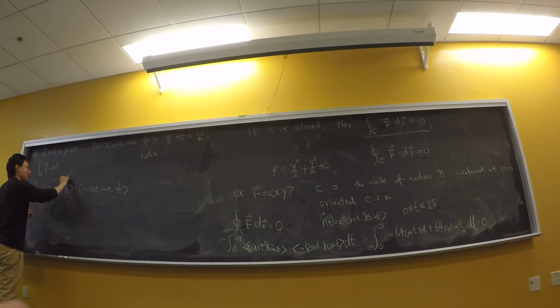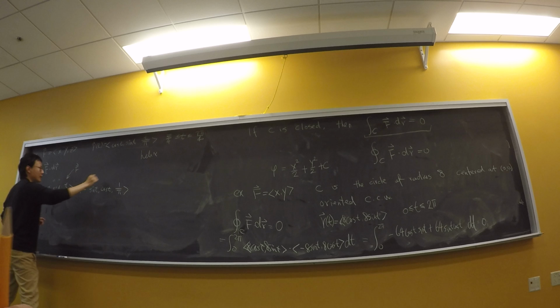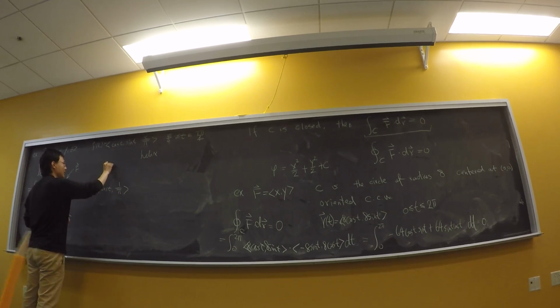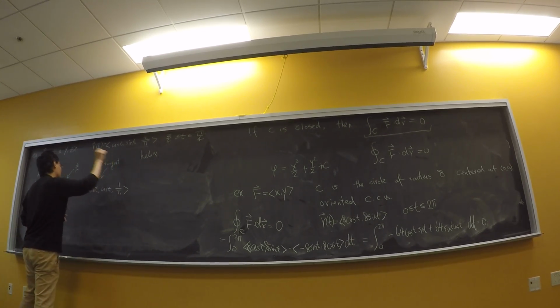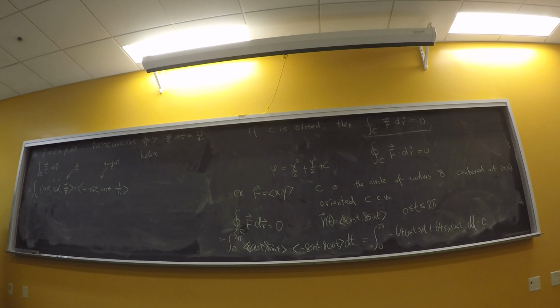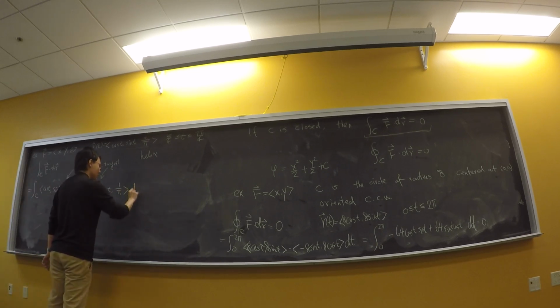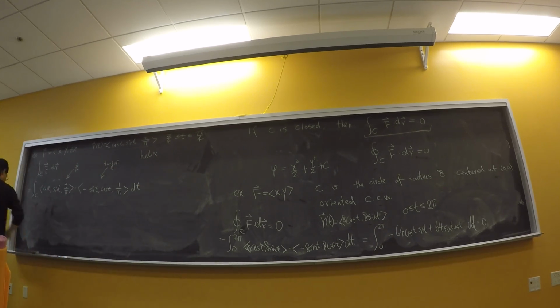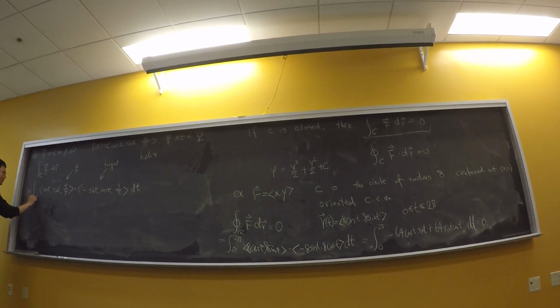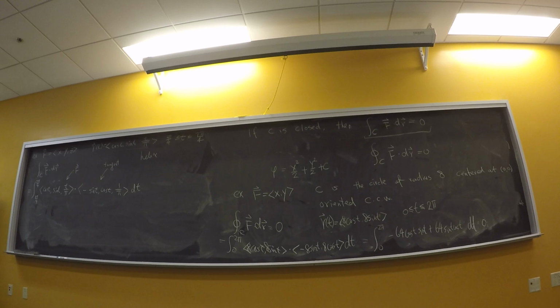I want to stress it again. Here, this is the vector field. Here, this is the tangent vector. And then I'm taking the line integral as a simple integral from 3 pi over 4 to 7 pi over 4.